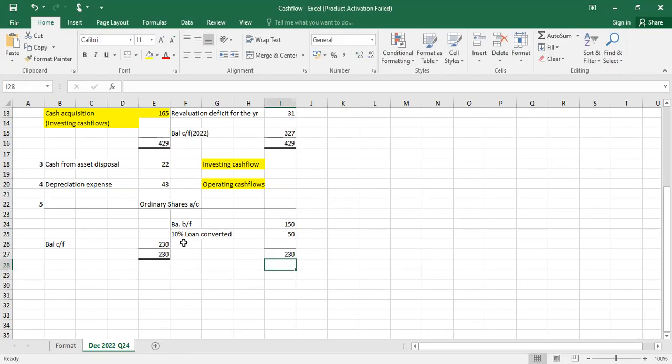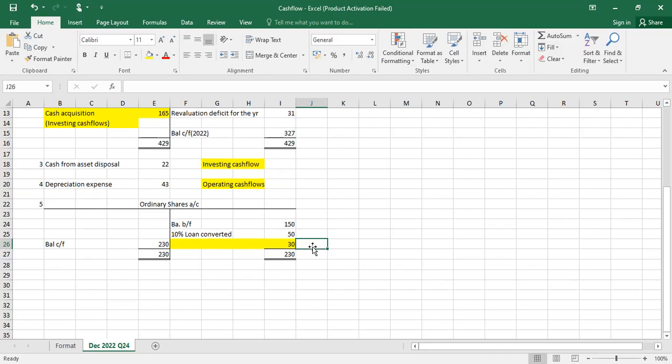Realize that we therefore have a debit balance. Now this will be a balancing figure of 230 minus 150 and then minus 50. That's 30.